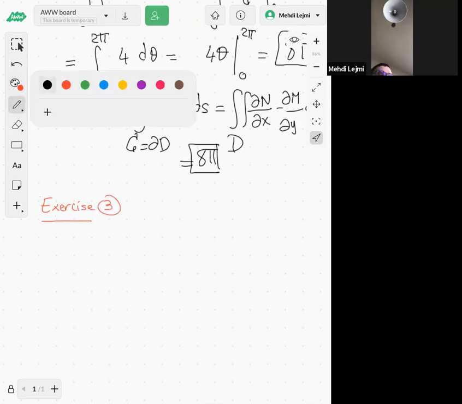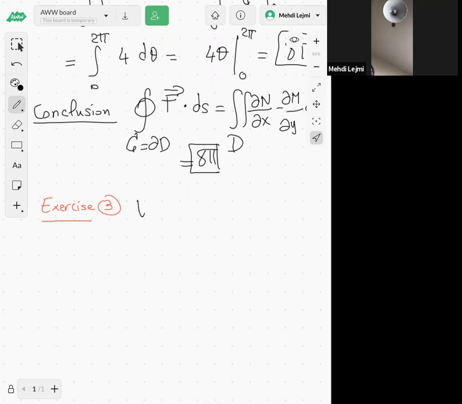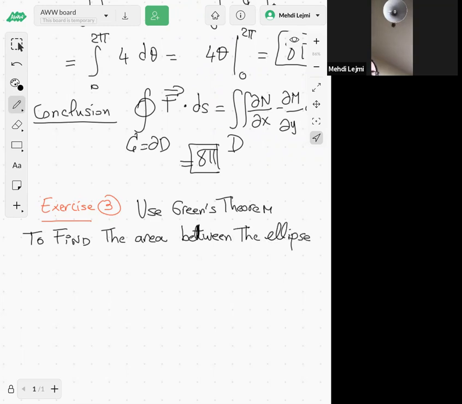In exercise number 3, you have to use Green's theorem to find the area between the ellipse x squared over 9 plus y squared over 4 equals 1, and the circle x squared plus y squared equals 25.